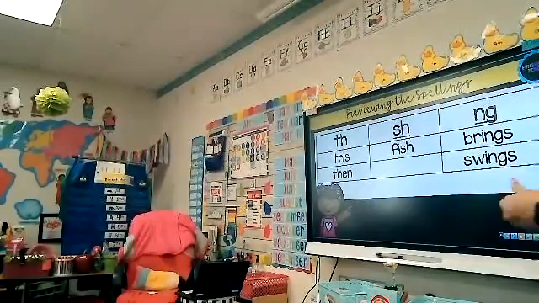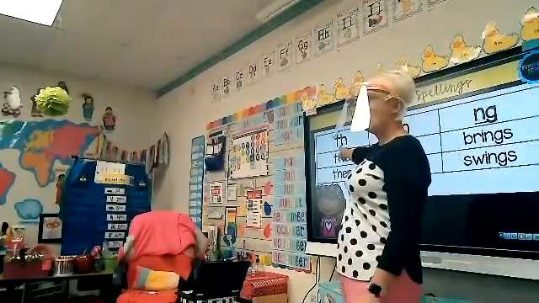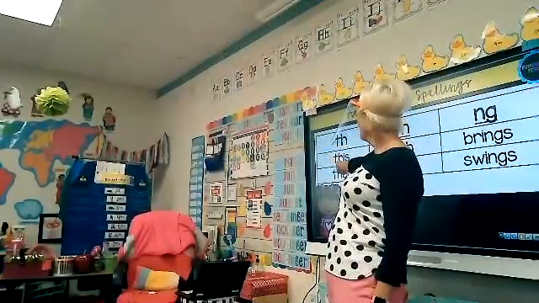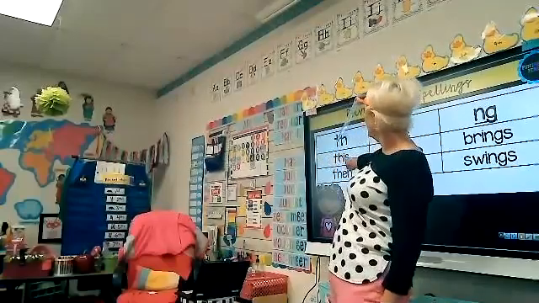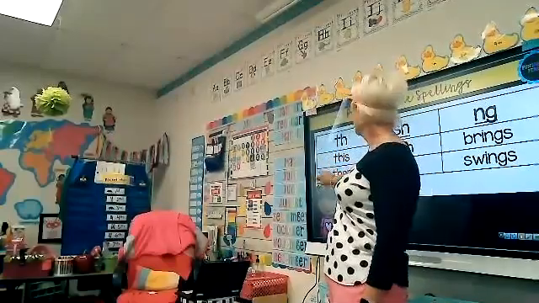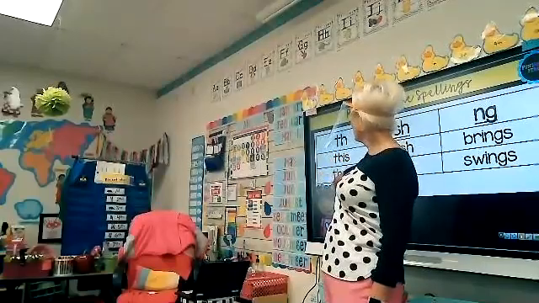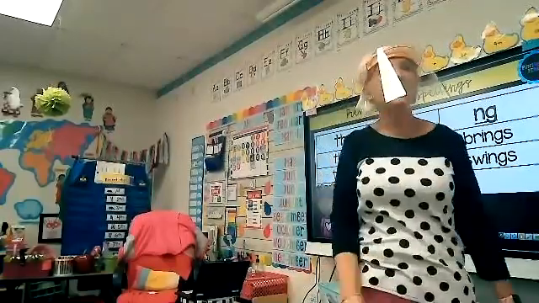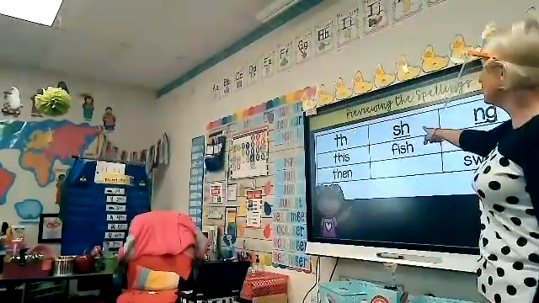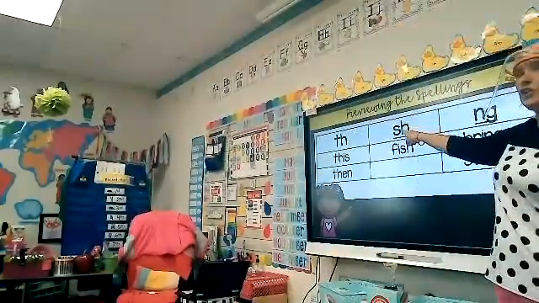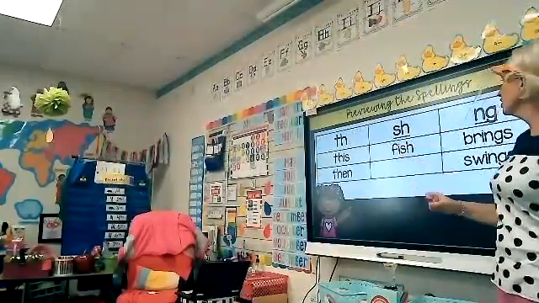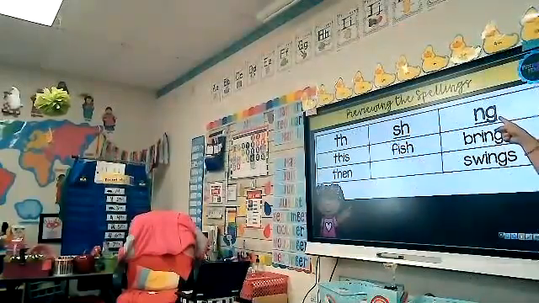All right, so this sound is what? Let's sound this word out. Yes. So let's look at this word. And then. Good. All right, this word, what sound does this make? Fish. Good. What sound does this make?